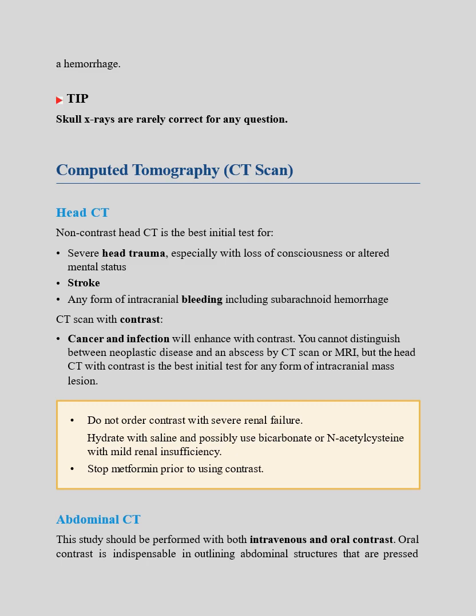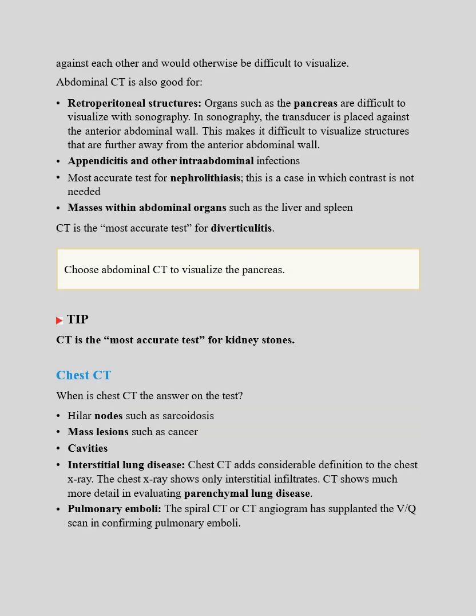Next is abdominal CT. This study should be performed with both intravenous and oral contrast. Oral contrast is indispensable in outlining abnormal structures that would otherwise be difficult to visualize.